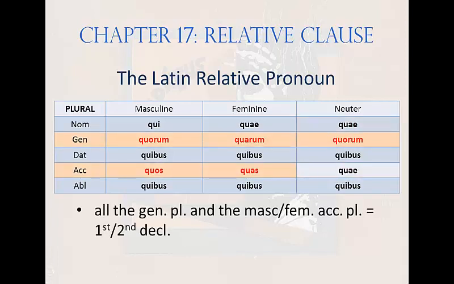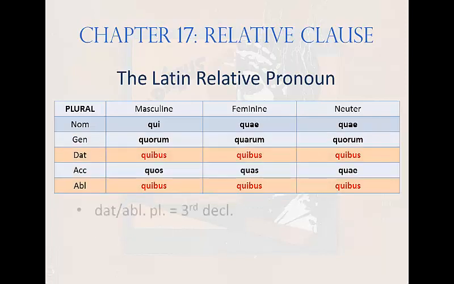The genitive plural returns to first-second declension in an utterly predictable way, producing quorum, quarum, quorum, as does the accusative plural masculine and feminine, quos and quas. In contrast, the dative and ablative plural form, quibus, seems to derive from third declension.